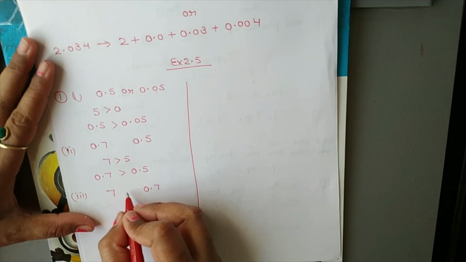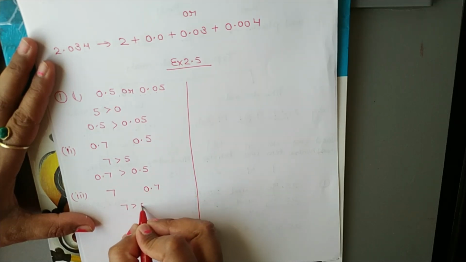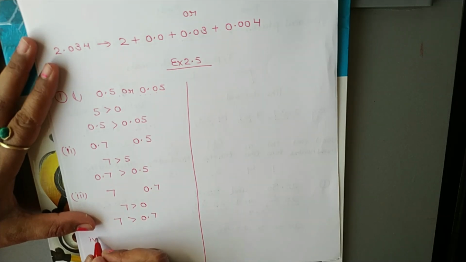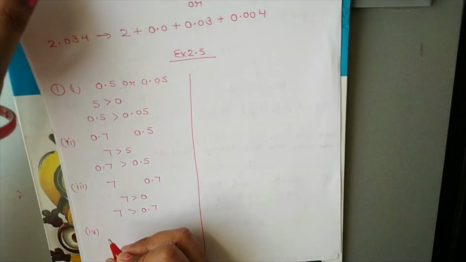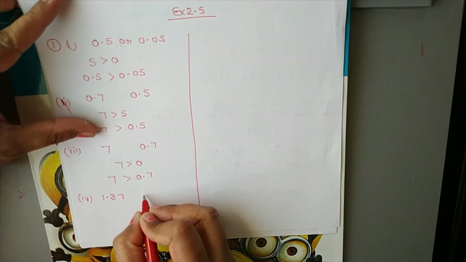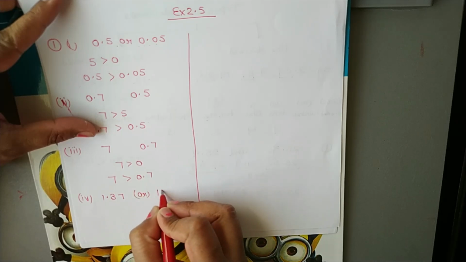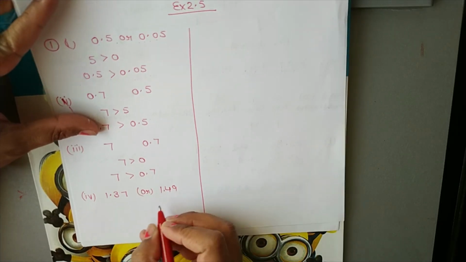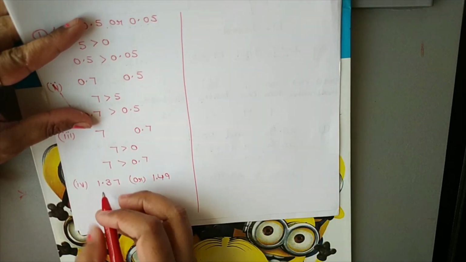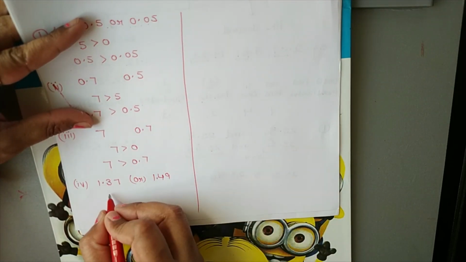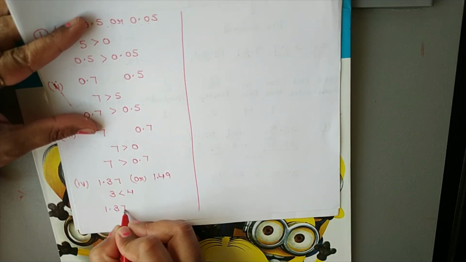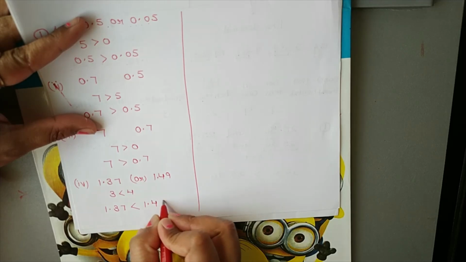So obviously 7 is greater than 0.7. Now the fourth part, 1.37 or 1.49. The whole parts are equal, so we compare the tenths digit. Here 3 is less than 4. It means 1.37 is less than 1.49.